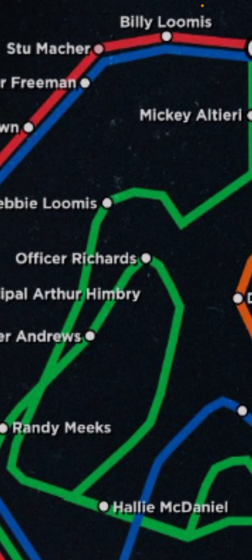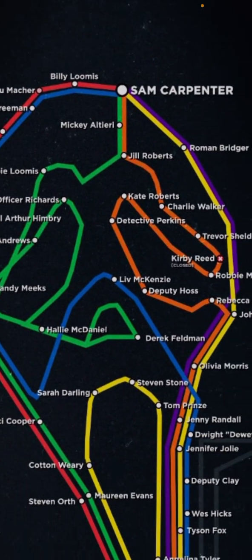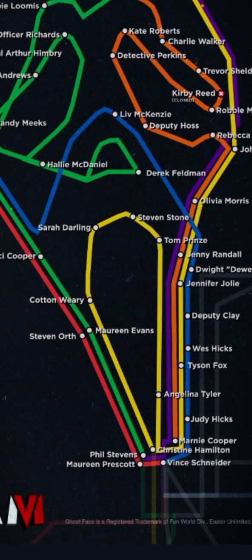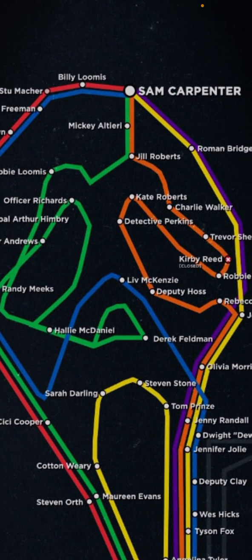Let me know what you guys think about this Ghostface map in general, and your own theories. I feel like Stu Macher, Sam Carpenter, and Kirby Reed were the big ones in this map that released today, the one everyone is theorizing about. Why?